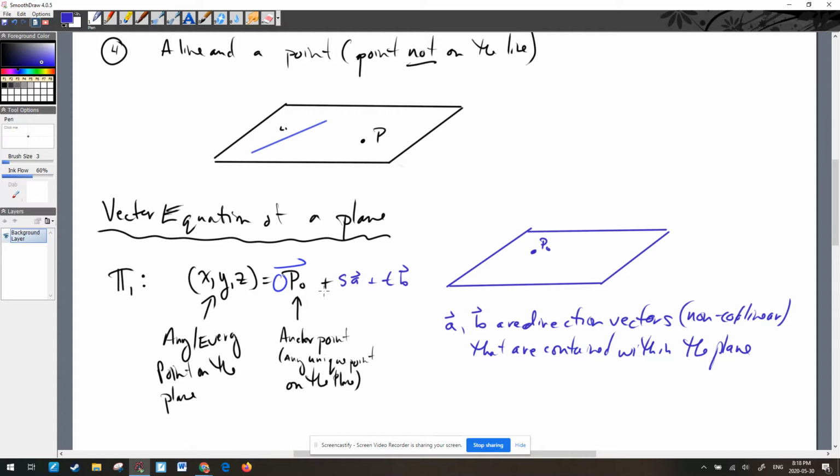And we said a set is a spanning set if you can get to every point in R2 with some linear combination of those two vectors. So as long as they were non-collinear in R2, that means that we could always get to some random point in R2. So here, the direction vectors, so long as they are not collinear, right?